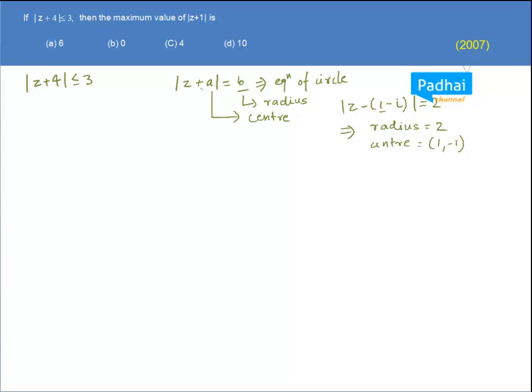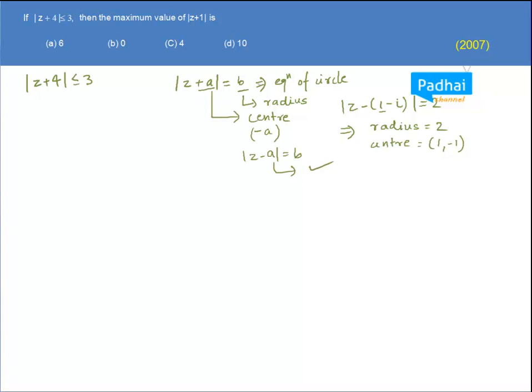Sorry, the center would not be a, it will be minus a, because this equation is generally for |z - a| = b, where the center would be a. This is the property that we are going to use in this question.